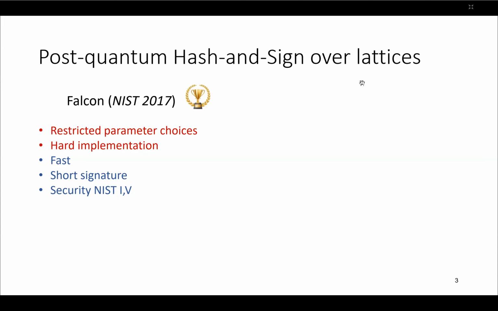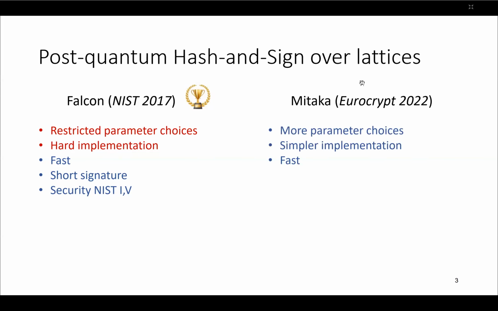All these advantages are supported by a specific structure, which, depending on parameter choices, is hard to implement. Also in 2022, there was an effort to simplify this design, which results in Mitaka, with more freedom in parameter selection, simpler implementation, and still as fast as Falcon.